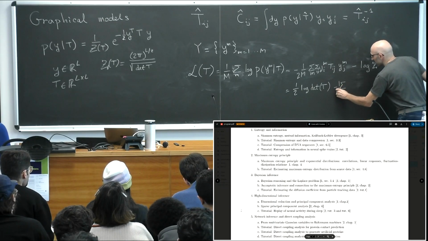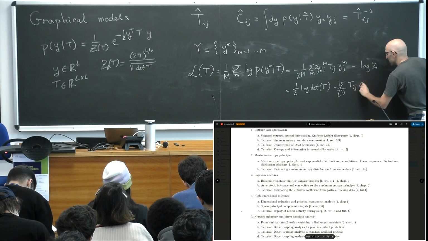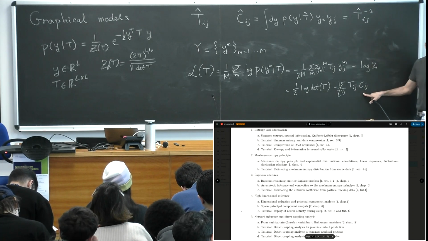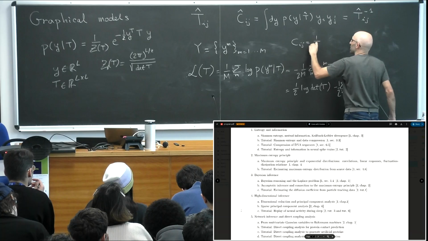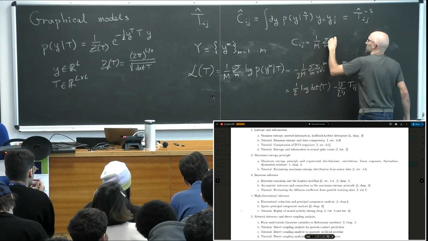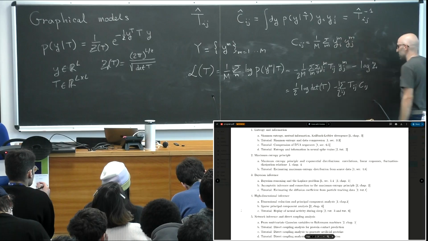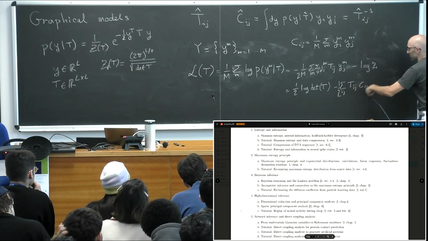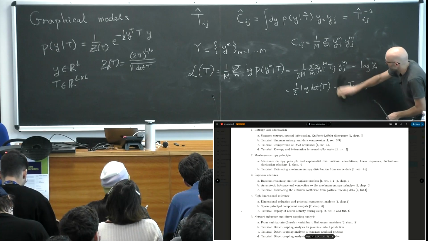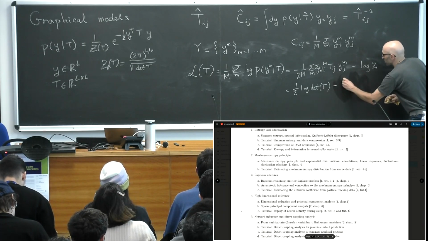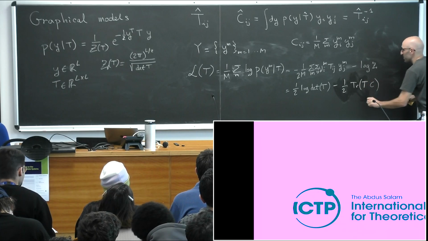So I get 1/2 sum over ij of T_ij C_ij, where C_ij is the empirical correlation of my data. And so this is also minus 1/2. Let me write it here. This is minus 1/2 trace of T times C.